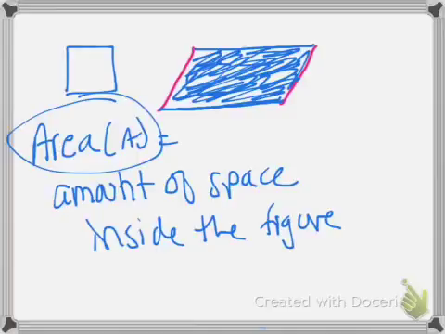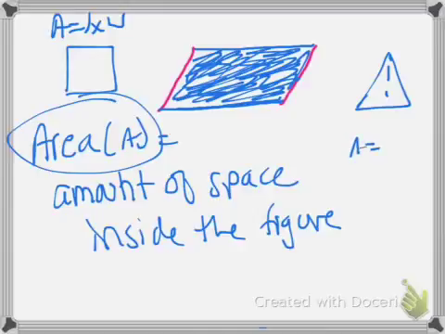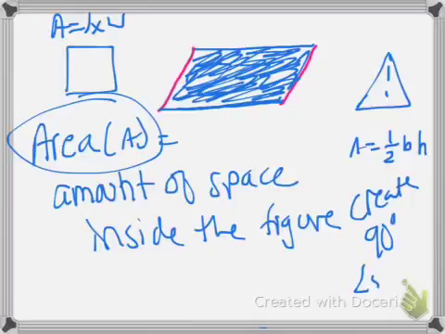When we're looking at squares, we know that the area equals length times width. When we were studying triangles, the formula for the area of a triangle was 1/2 times base times height. What happened was, when we were looking at triangles, we had to create 90-degree angles in order to find the proper height.